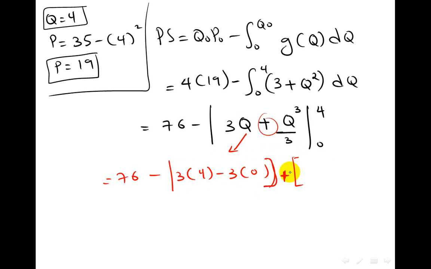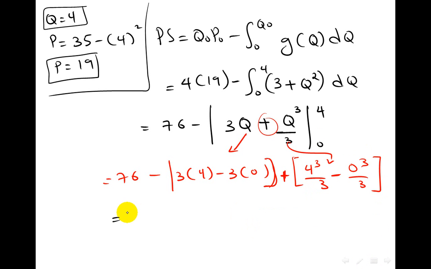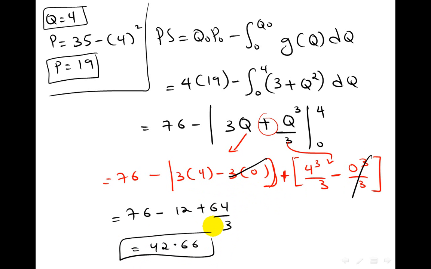And here let's work on q cubed, which is 4 cubed over 3, minus 0 cubed over 3. Now if you have anything to simplify, try to simplify it. It will be 76 minus 12, of course 3 times 0 will be just 0, plus 4 cubed is 64 over 3, and this is going to be 0, and the answer here will be 42.66. So this is our producer's surplus.